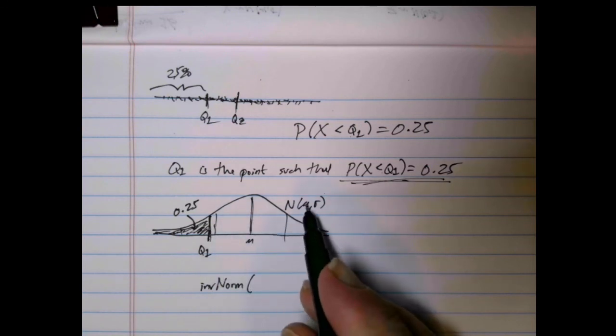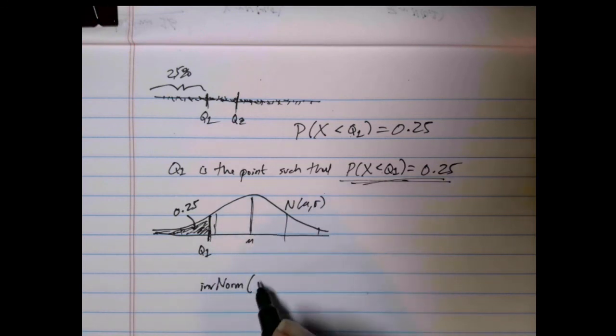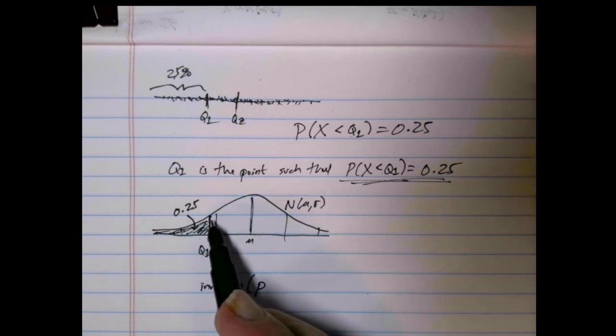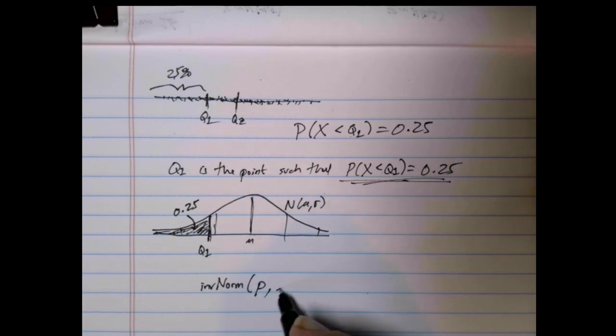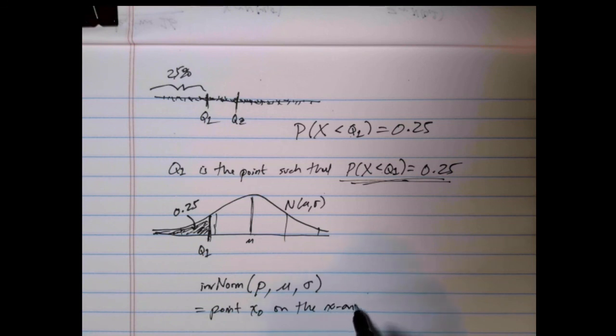For a thing like this, where you have mu and sigma different from 0 and 1, the first argument it takes is p, the probability that you're given, or area that you're given, same thing. And the second and third are the mean and standard deviation. And what this gives is the point, let's call it x0, on the x-axis, or whatever you've chosen to call the axis, such that the probability that x is less than x0 is equal to p.